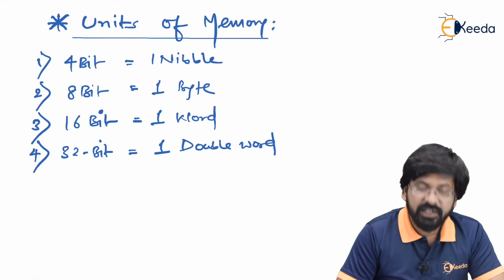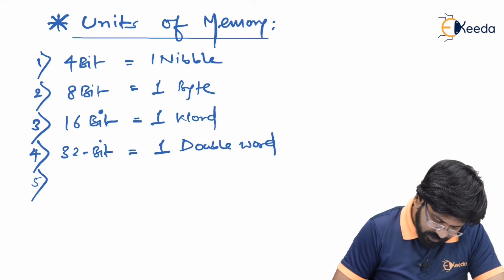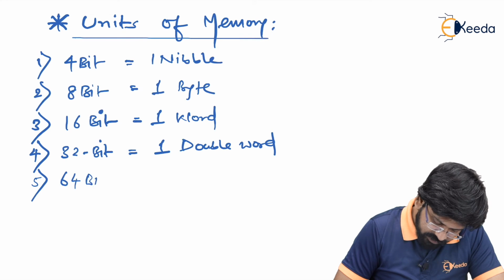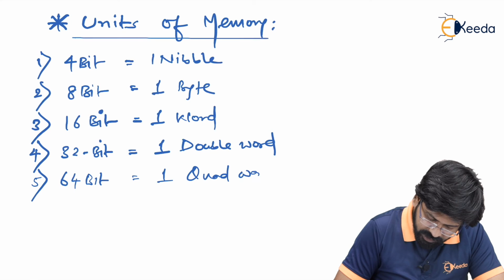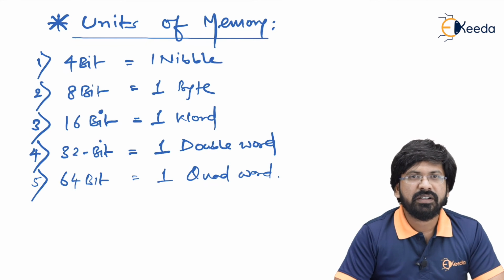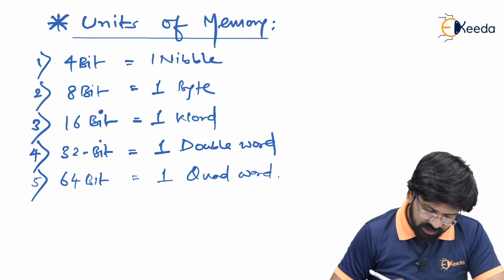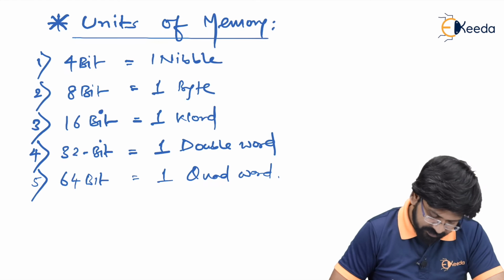Of course, if one word is 16-bit, double word has to be 32-bit. Next, if you have 64-bit, it is considered as one quad word. I'm sure you know the meaning of quad. Quad means 4. So if one word is 16-bit, 4 words, that is 16 4s are 64. 64-bit indicates one quad word.